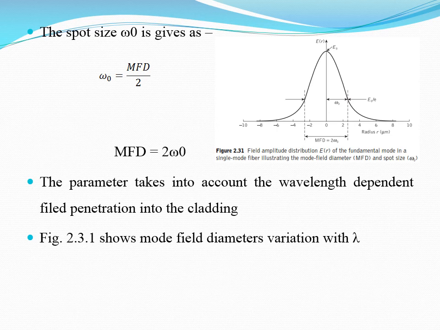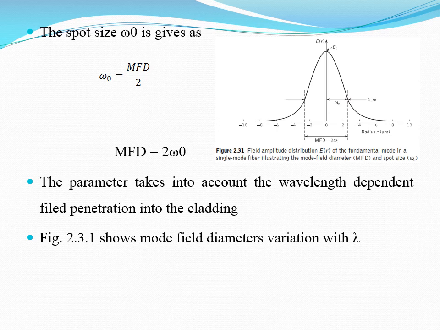This is the core part of the fiber, wherein the distance between these 2 points is omega naught plus omega naught, which is 2 omega naught, that is MFD. So that is the field amplitude distribution. We call it the field amplitude distribution of the fundamental mode of a single mode fiber.